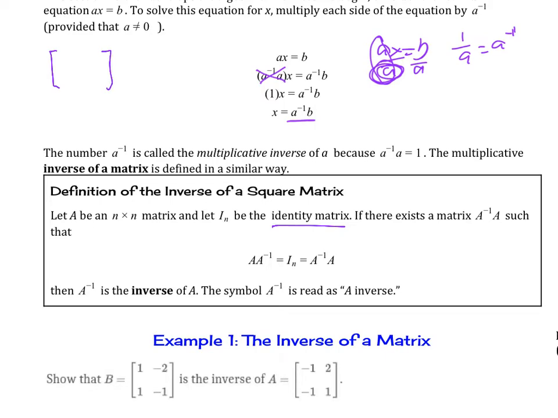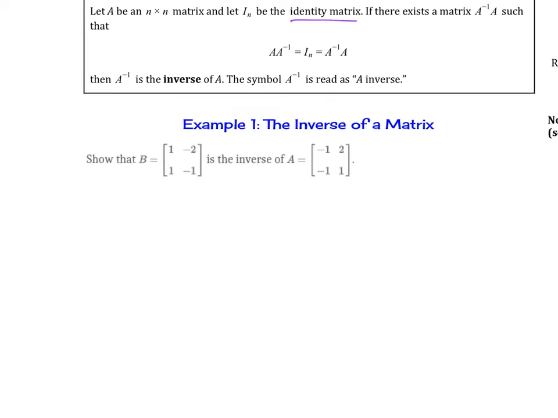For example, a 2 by 2 is 1, 0, 0, 1. The diagonal entries are the ones, and zeros for everything else. A 3 by 3 is 1, 0, 0, 0, 1, 0, and 0, 0, 1. Those are identity matrices, and we'll use them in a little bit.